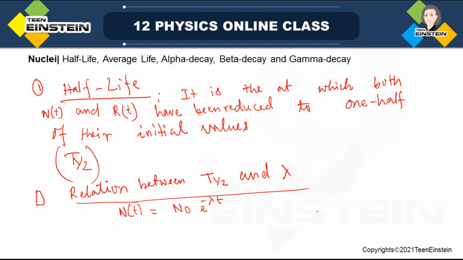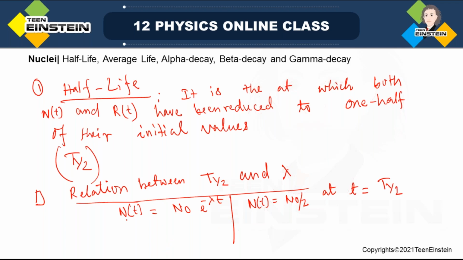According to the definition of half lifetime, N of t becomes N0 by 2 at t equal to t half.